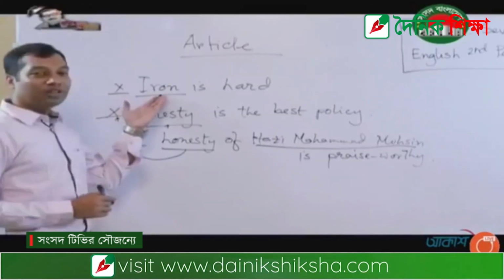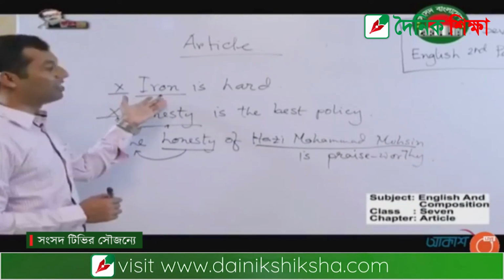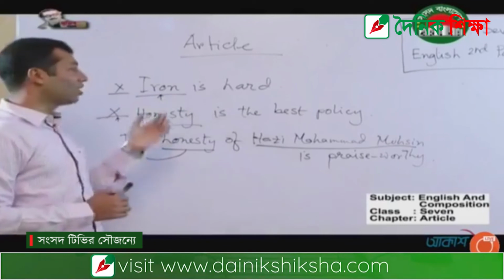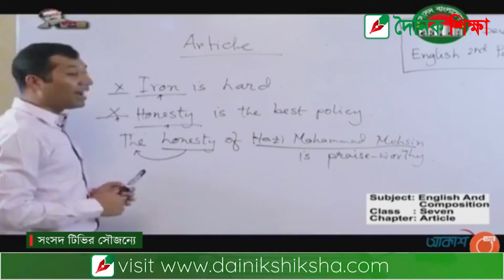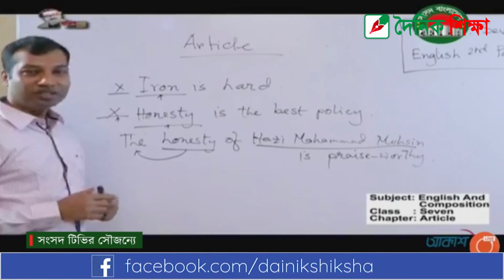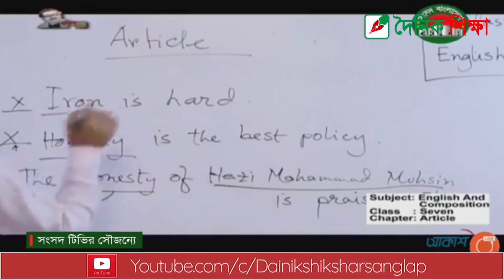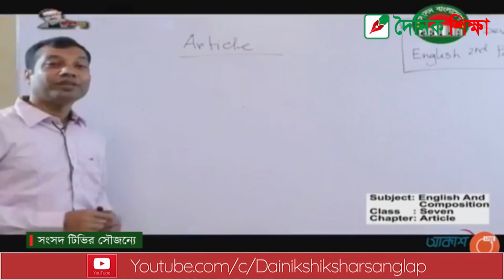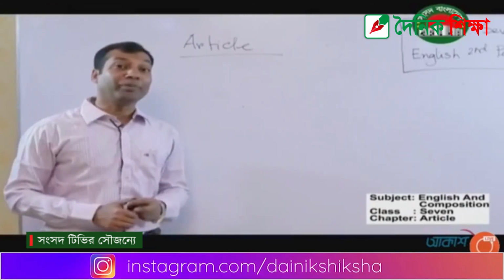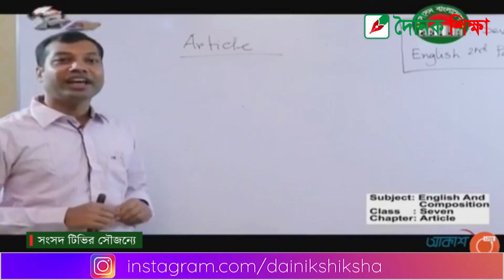You may also need to use the article the before a material noun if it is meant definitely. For example, the iron used to make the table is very strong. So in this case, you may use the article the before the material noun. And before any particular meal, you do not need to use any article.